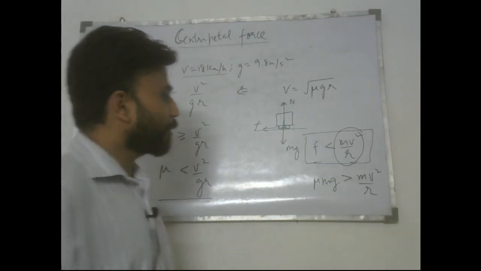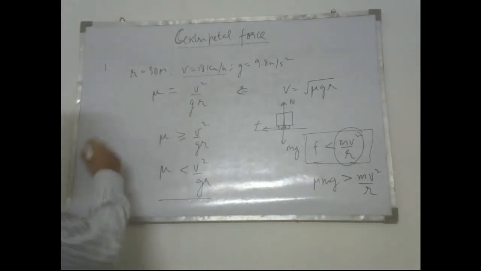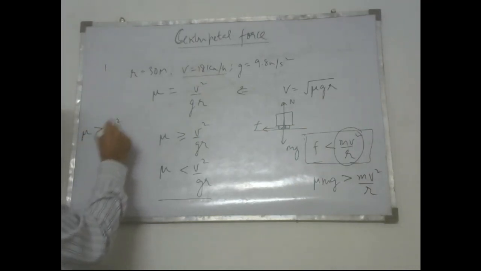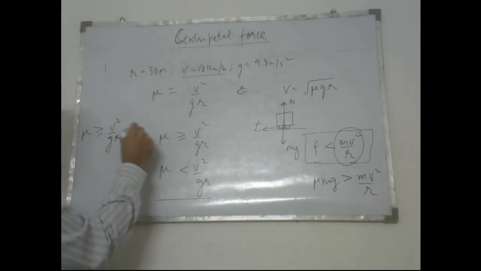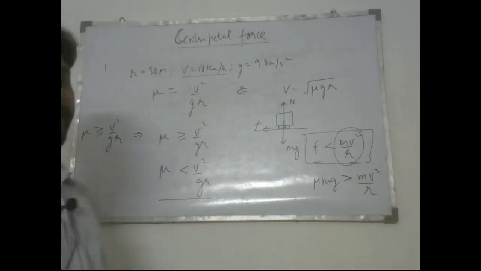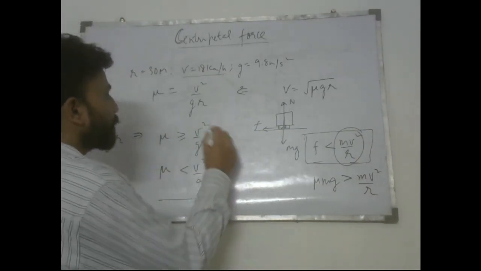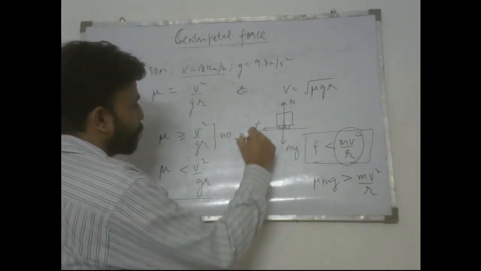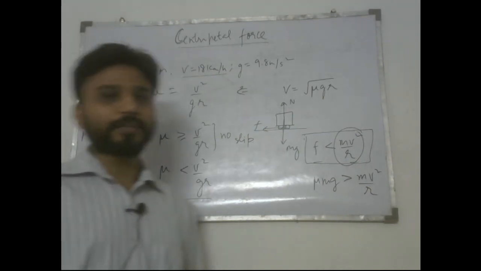So from this we can infer that mu should be more than or equal to v square by gr. That is the condition which we are evaluating here. So this is the condition for no slip between the car and the road.